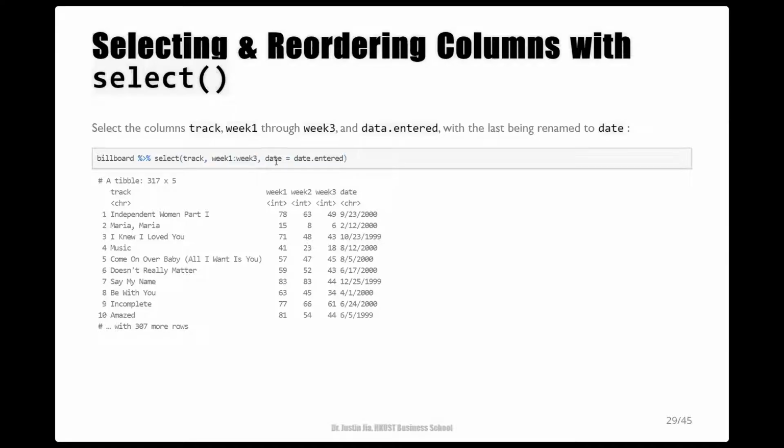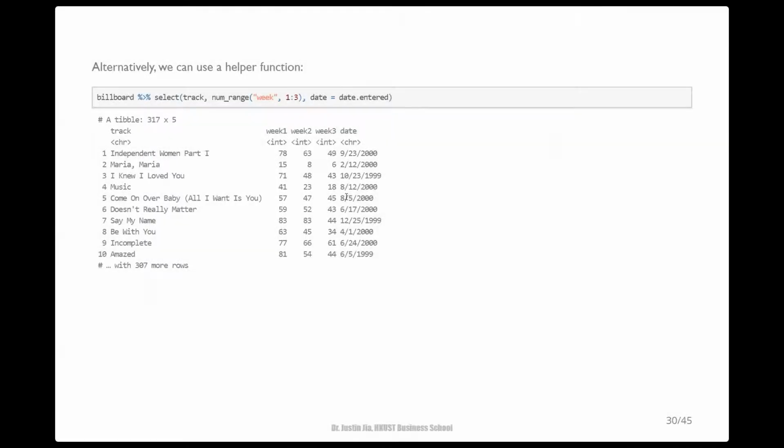We can also use named arguments to rename selected variables, like date entered here, which is renamed to date in the resulting table. Alternatively, we can use a helper function named num_range to match column headers composed by a common prefix and a sequence of numbers.